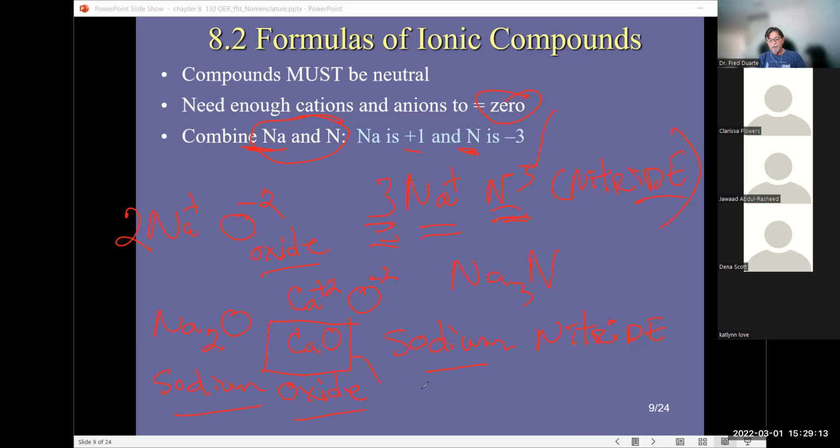Its name would be calcium oxide. Okay, we could have hooked it up with the nitride or the fluoride or the bromide, chloride, what else? Phosphide, sulfide. Okay, see how we're building up our database? All right, let's continue some more examples.